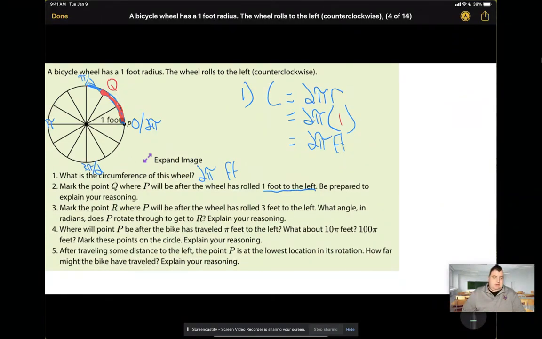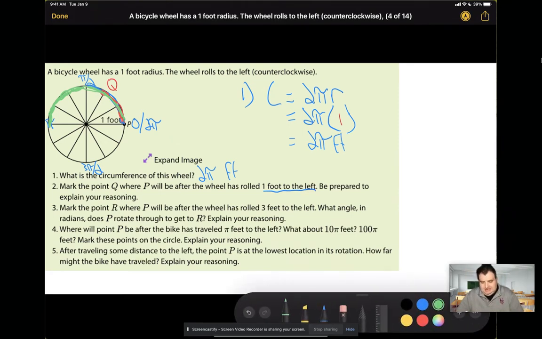Okay. So if I'm going pi over 2, that's a quarter of the way around a circle. If I go pi feet, that would be a semicircle, going halfway around the circle. Now I know that pi is 3.14, right? So 3 feet is going to be just before that.